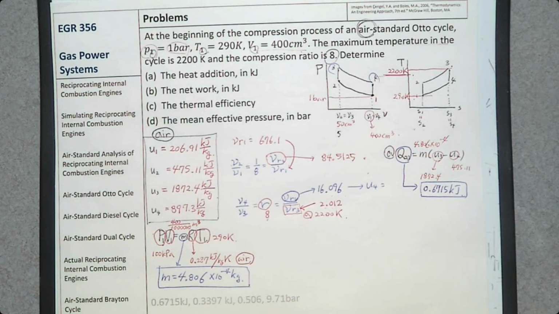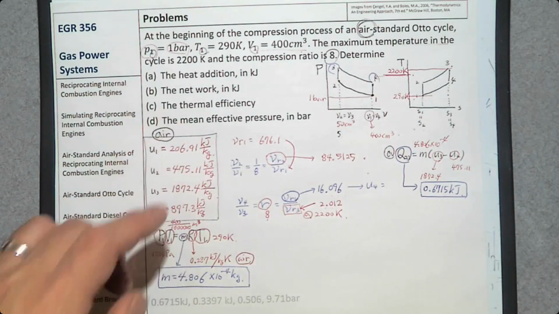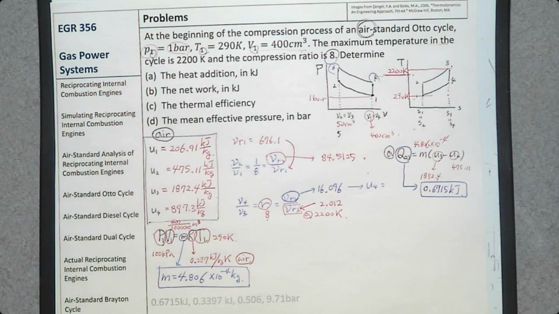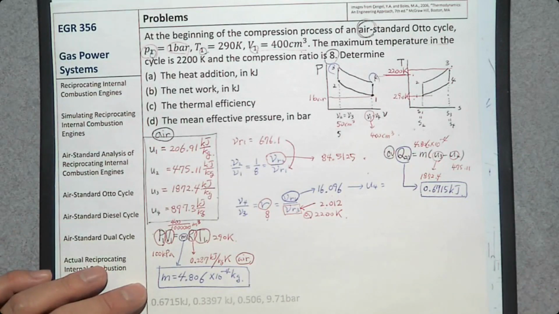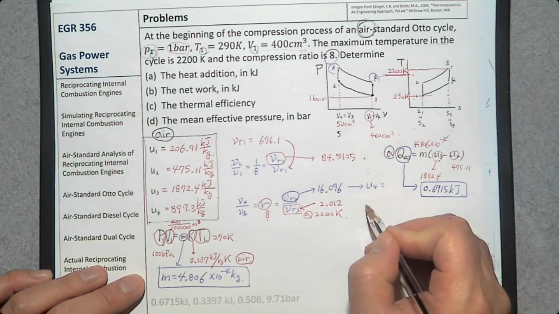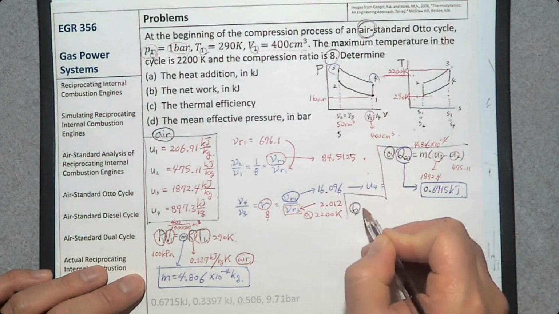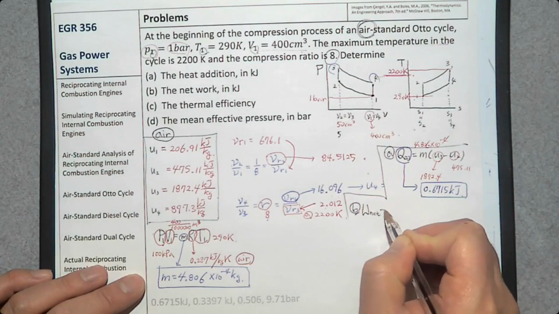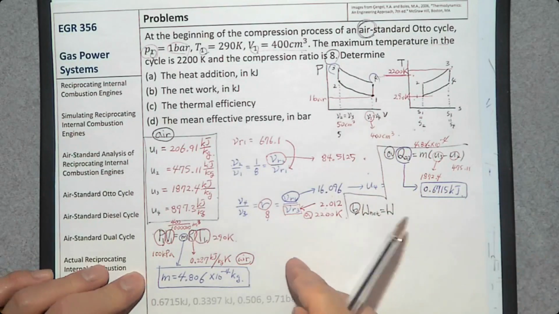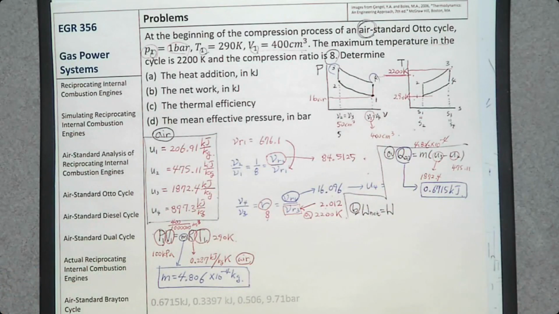Then what is the net work? The net work can be determined by the work produced between 3 to 4 minus the work consumed between 1 and 2.